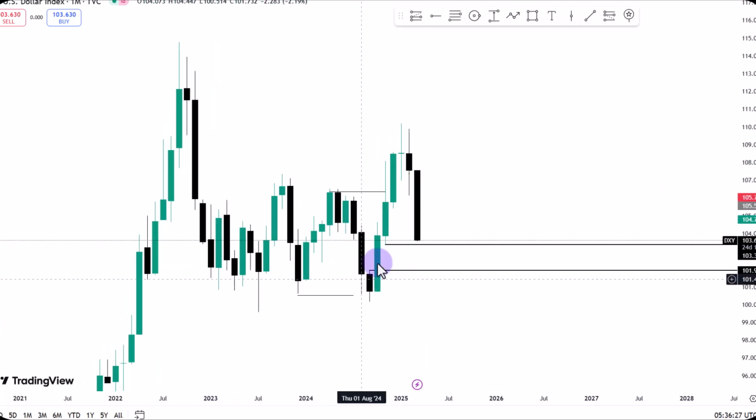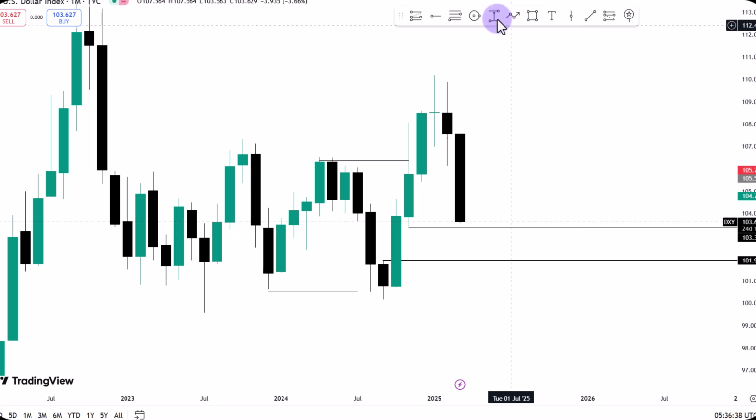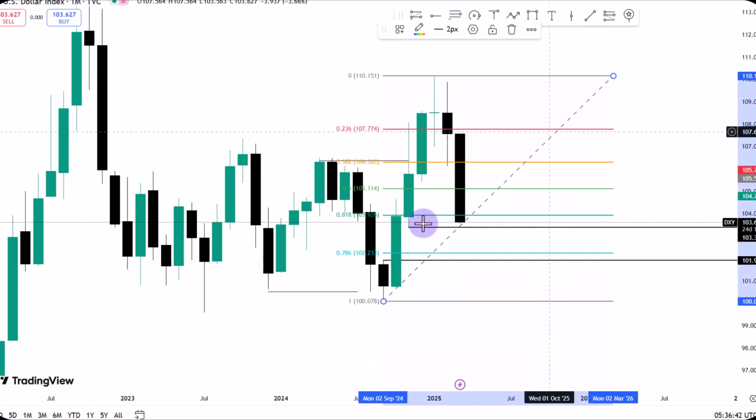And remember, for every external range liquidity taken, we would like to see price action trading to internal range liquidity, the fair value gaps or the other blocks. So right now we see the dollar repricing into a discount fair value gap. When you measure the range there, there's a fair value gap right there, which is the draw on liquidity that we are approaching.